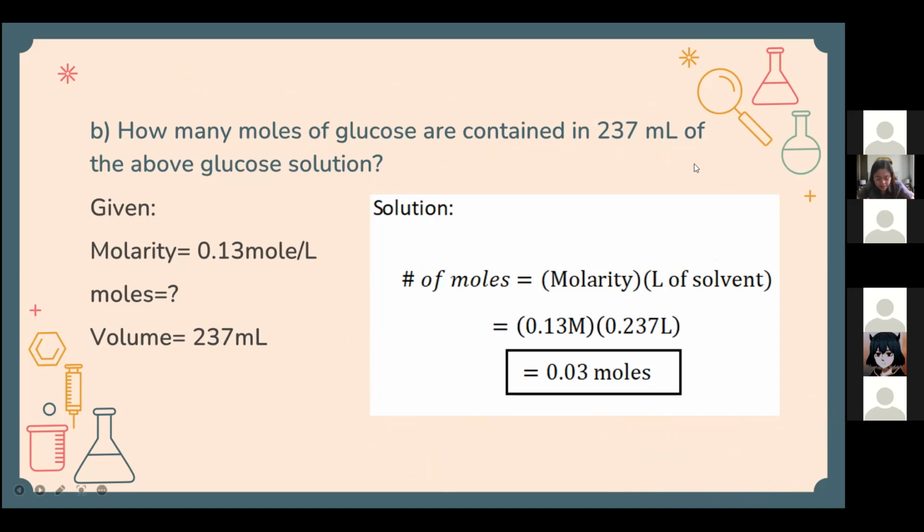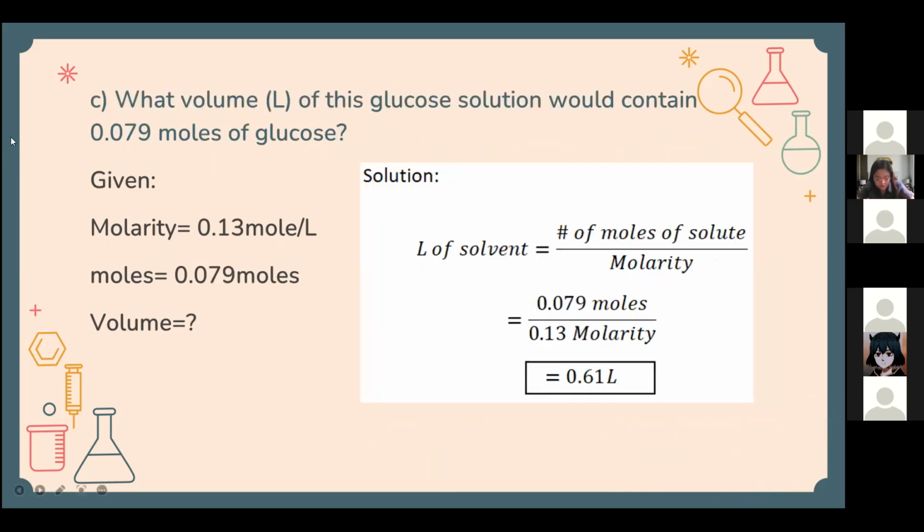Wala na. So let us move on. So for the letter C, what volume in liters of this glucose solution would contain 0.079 moles of glucose? So we have here our given again for the value of the molarity, yung na-solve natin kanina, which is the 0.13 moles per liter, and then the value for moles is 0.079.